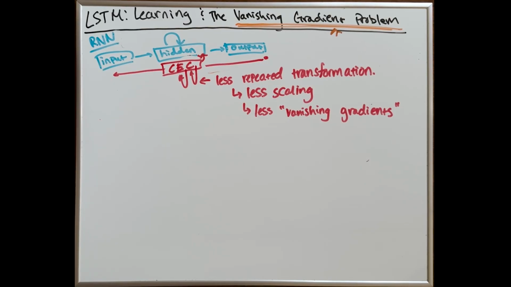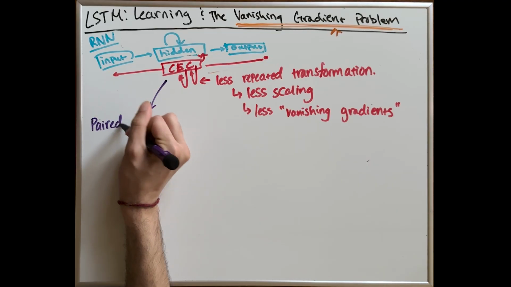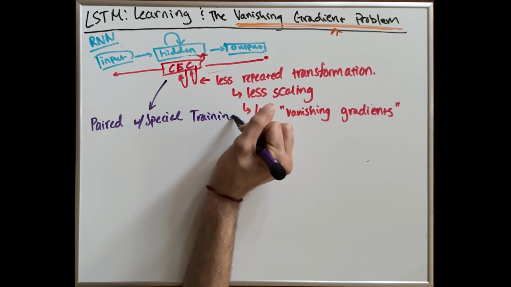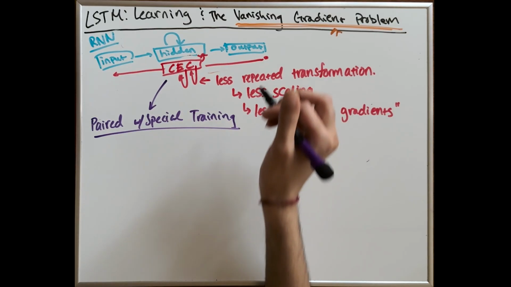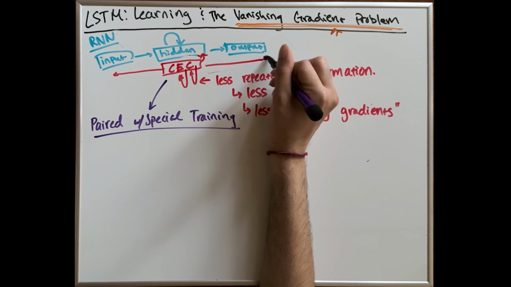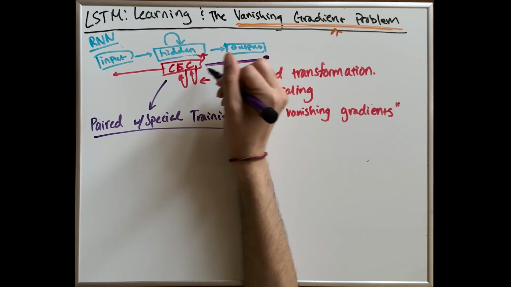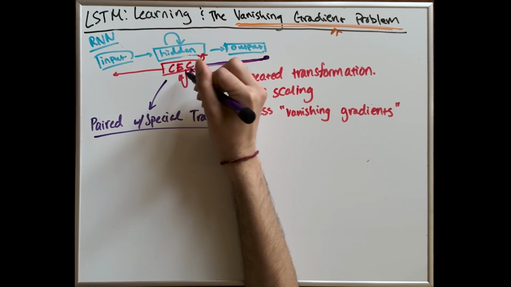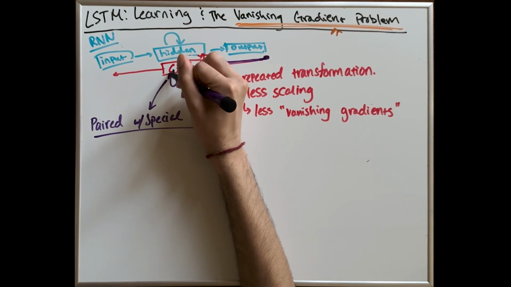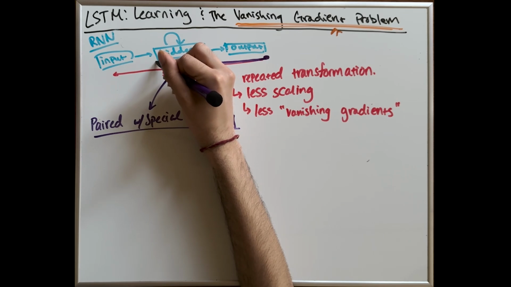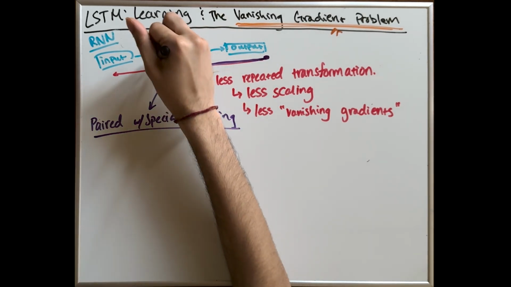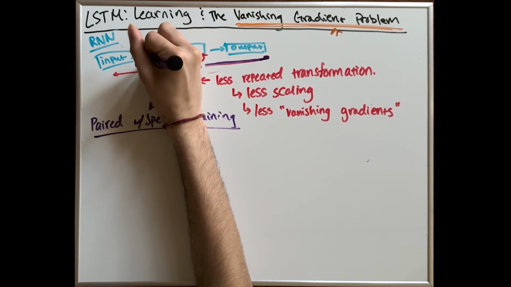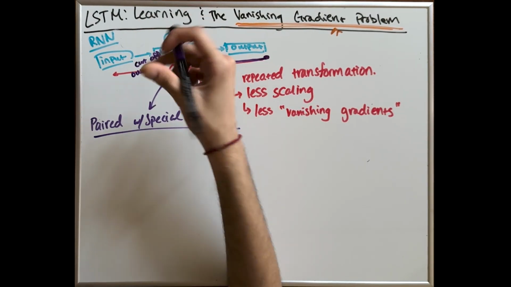And the authors pair this architecture with a particular training treatment, because once you've built this protected path for error, you want the error to make use of this pathway. The basic idea is that when error is propagated backwards, error is allowed to flow freely through the internal state of the memory cell where the path is stable. But when the error tries to spread backwards through all the other recurrent routes in the usual way, the authors cut that propagation off, so the error doesn't stray off into unstable pathways.